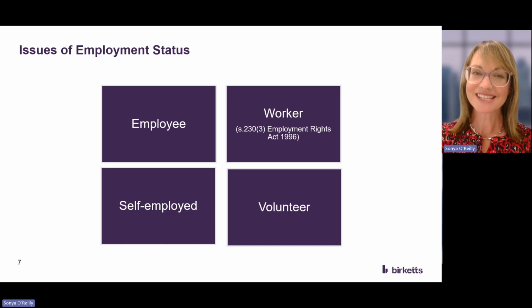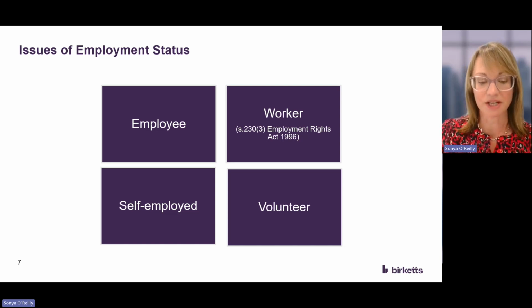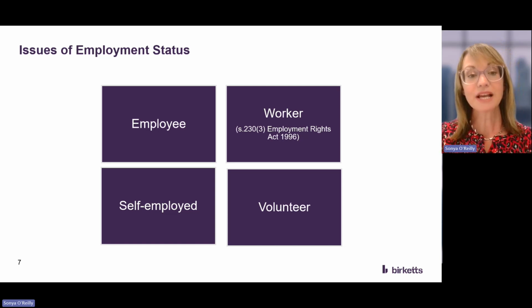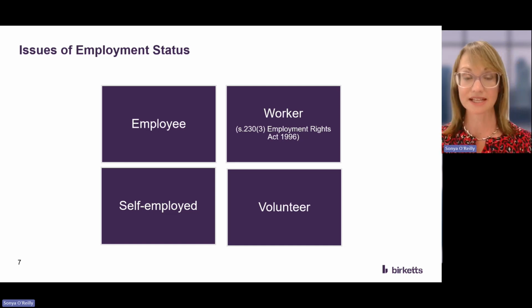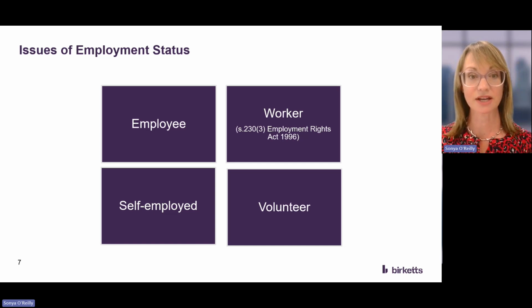Now, that's the strict legal definition of a worker. And that really then sets out a variety of different factors that are looked at if an organisation and a charity might be trying to decide whether somebody is entitled to the whole suite of employment rights and protections from unfair dismissal, protections under the Equality Act from not being discriminated against, and the right to national minimum wage, etc.